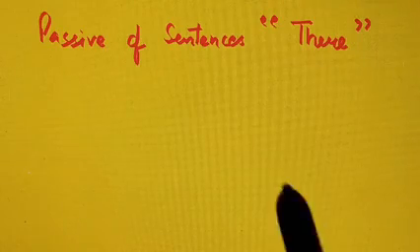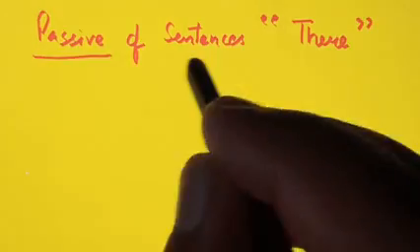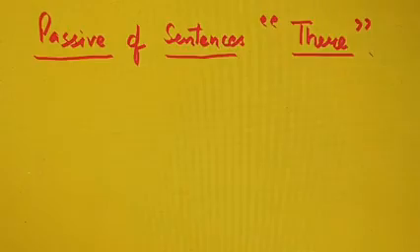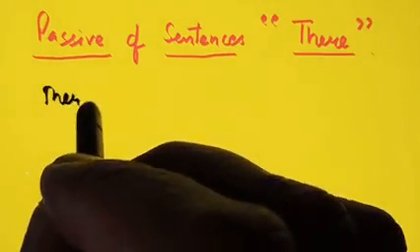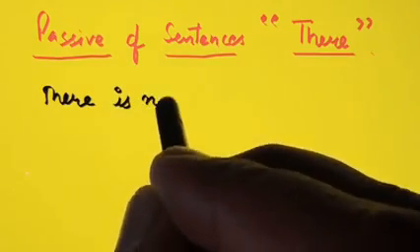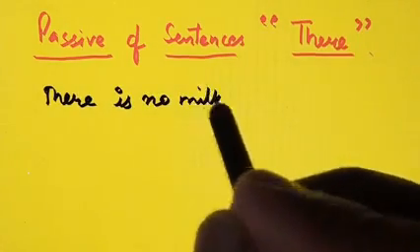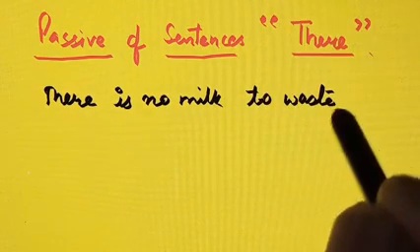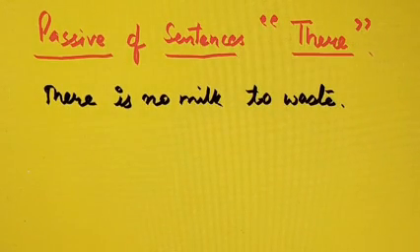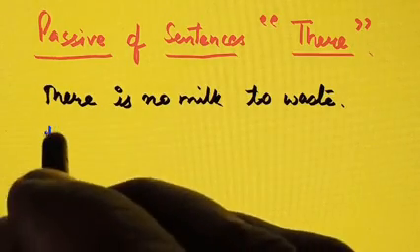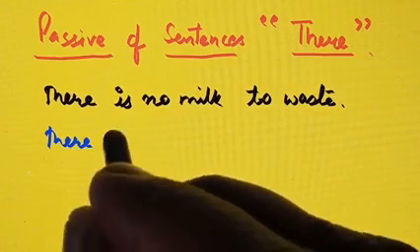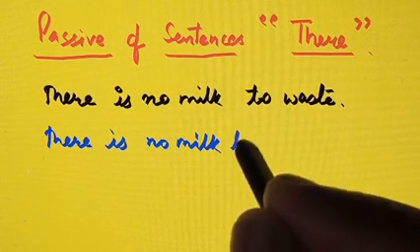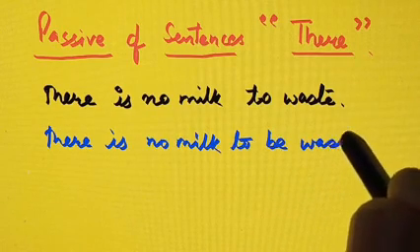Further we will discuss sentences which begin with there. For example, there is no milk to waste. The passive of such sentences: there is no milk to be wasted.